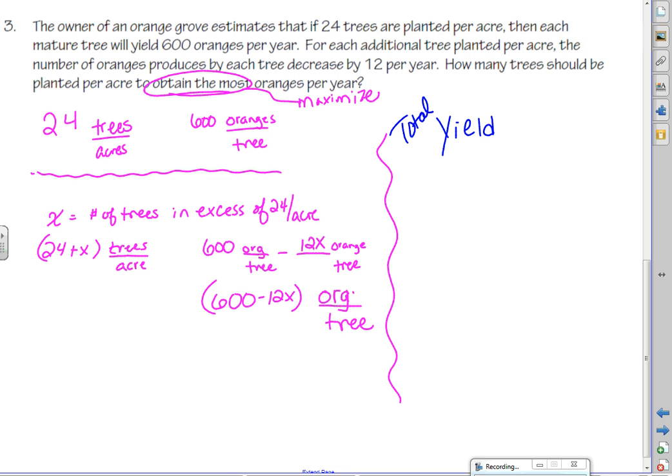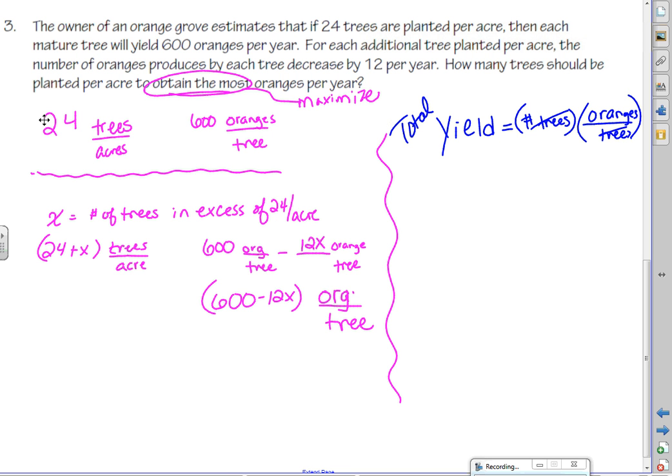The total yield is going to be the number of trees multiplied by the number of oranges per tree. Kind of a simple thought here for a moment. And then we'll see our trees canceling, won't we? And we'll end up with an answer in oranges.